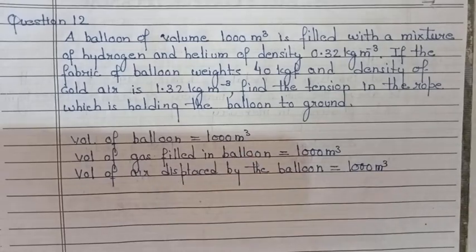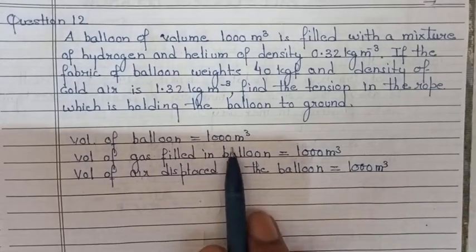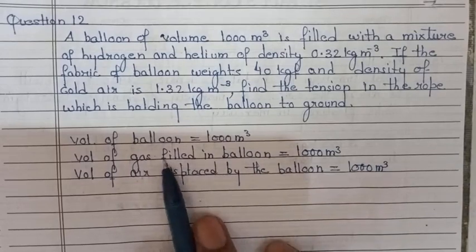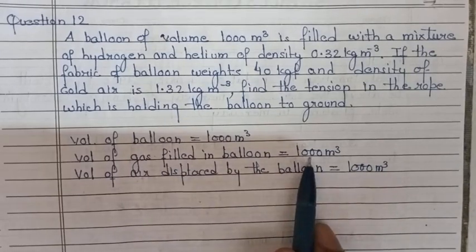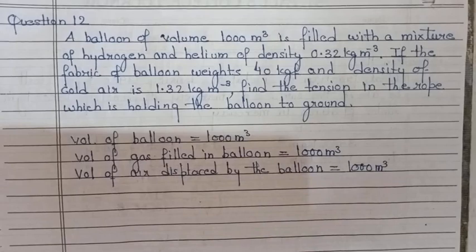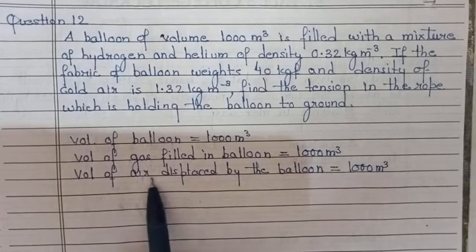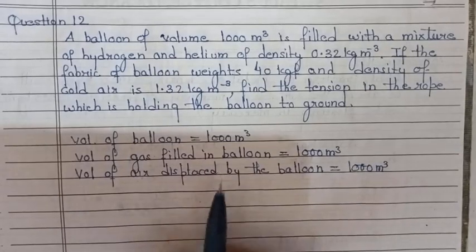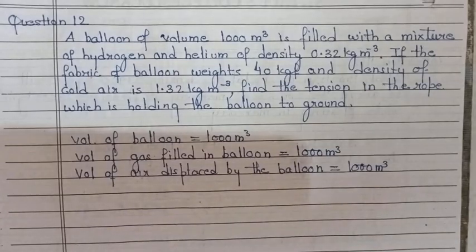Hope this point is clear to you all. The volume of the balloon was given, then the balloon was filled with gas, so the volume of gas in the balloon will be 1000. This balloon is kept in air, so it is going to displace air, so the volume of air displaced will be 1000.